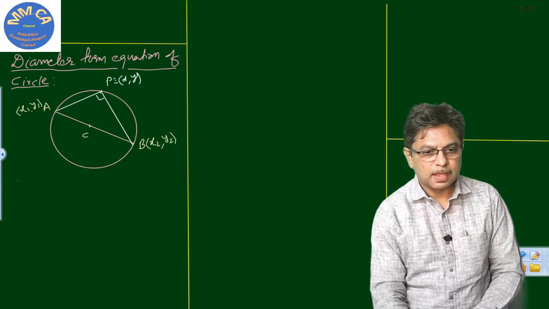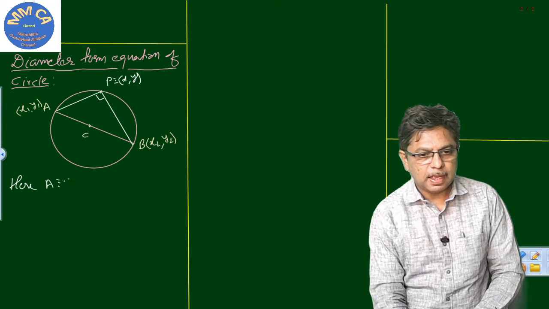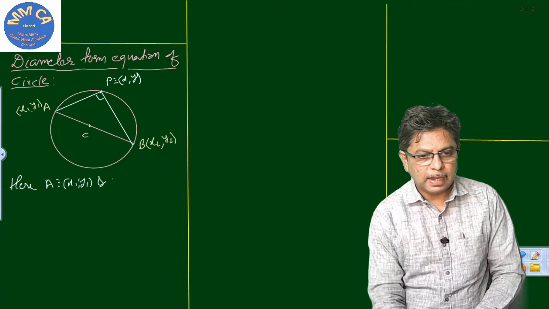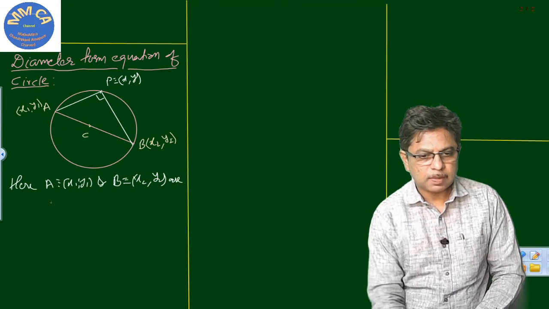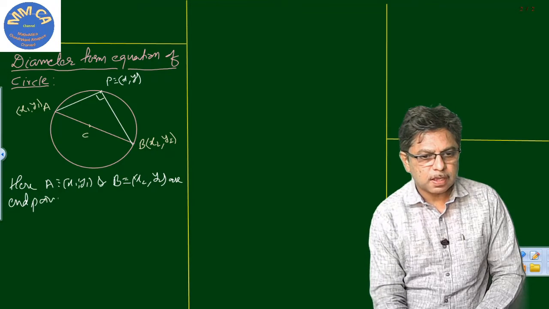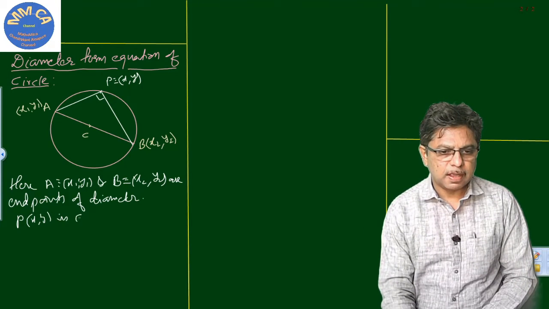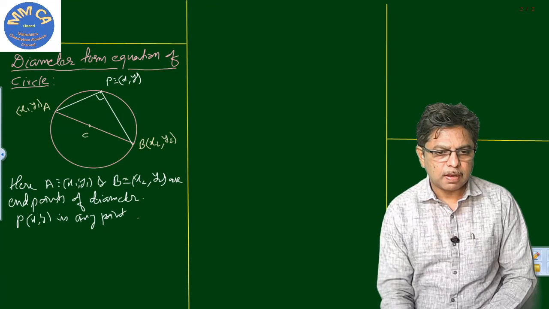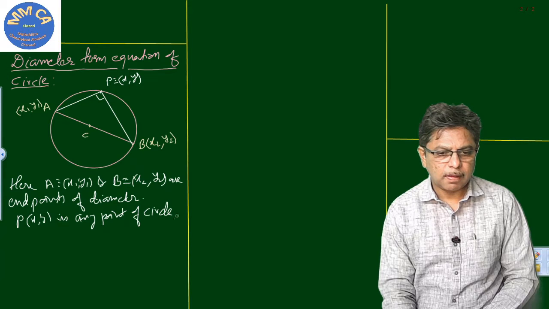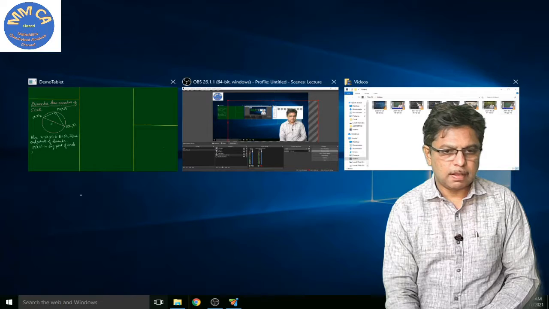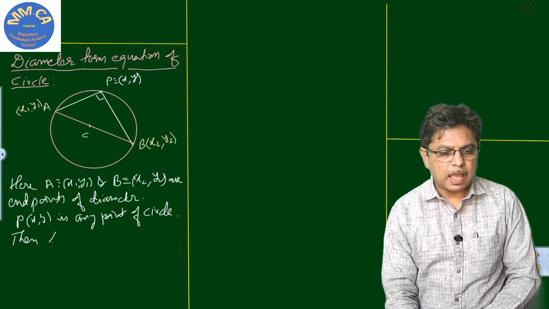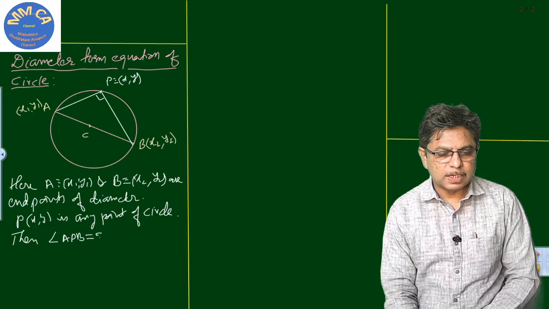So here A (x1, y1) and B (x2, y2) are the endpoints of the diameter, and P (x, y) is any point of the circle. That angle APB is equal to 90 degrees.